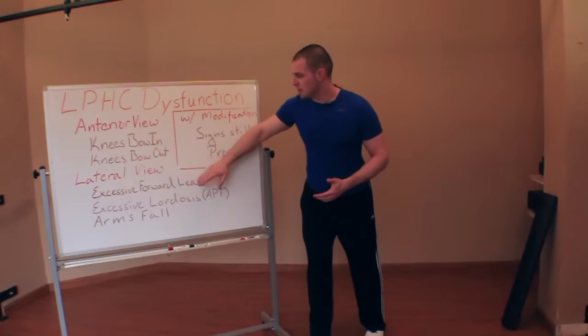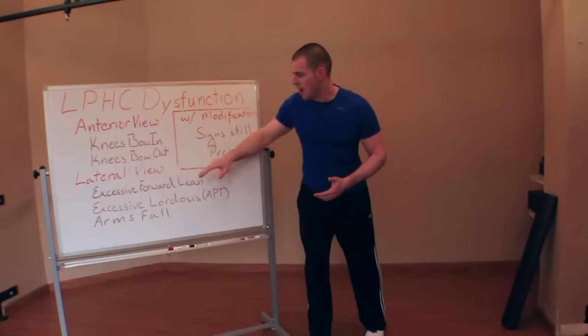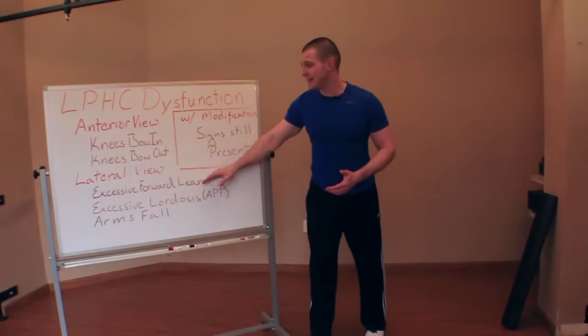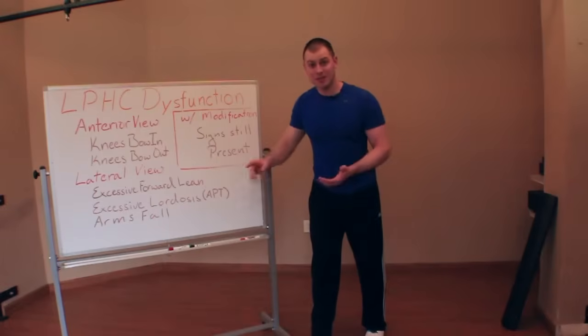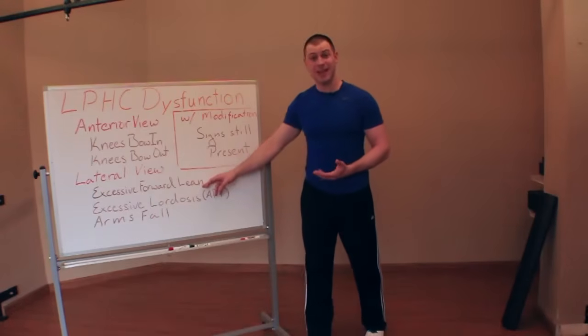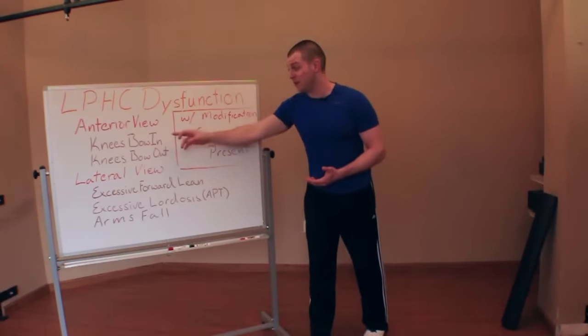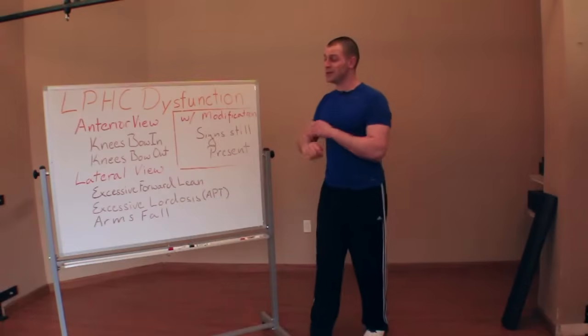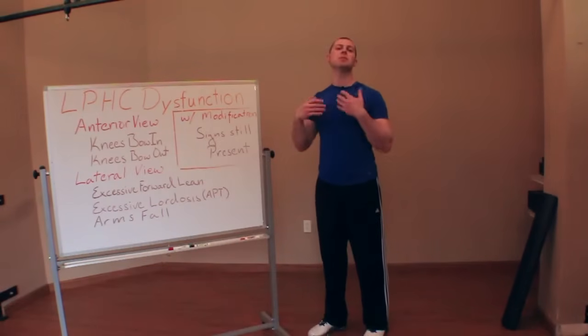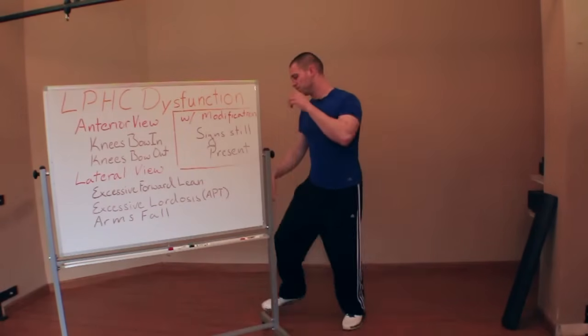Let's say for knees bow in and excessive forward lean, a lot of those, TFL, gluteus minimus, are on both sides of the graph. Gluteus max and gluteus medius are on the other side of the graph for both of these. So once I turn this board over, you're going to see you don't have as much to work on as you thought you did.